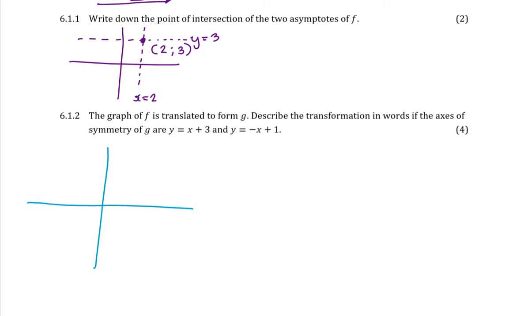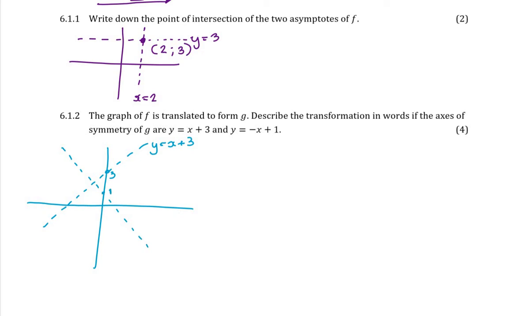And they're saying to you that y is equal to x plus 3 is one of the axes of symmetry. Now y is equal to x plus 3 would go through 3. It would look something like that. And the other axis of symmetry is y is equal to negative x plus 1, and it would go through 1 and it would look something like that.